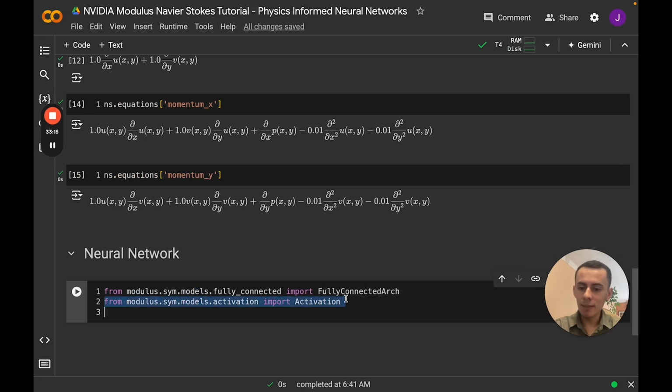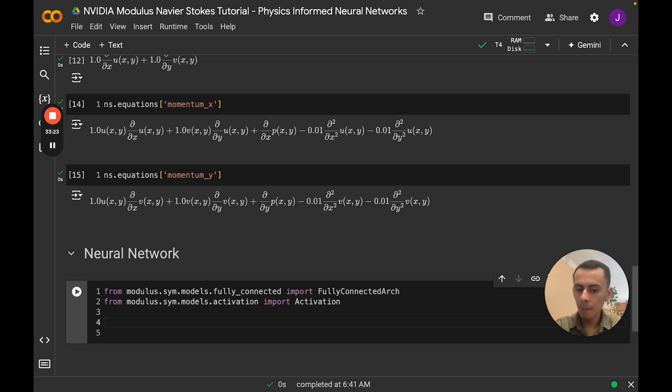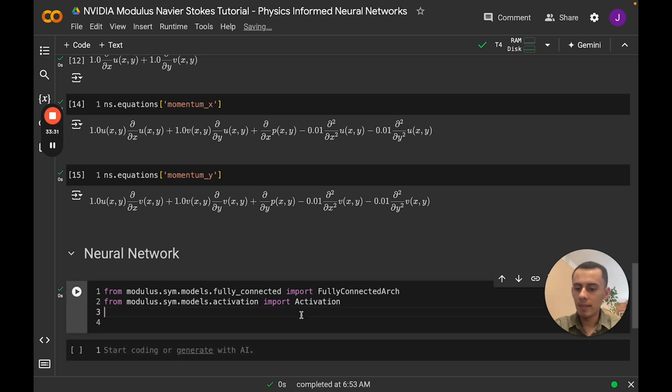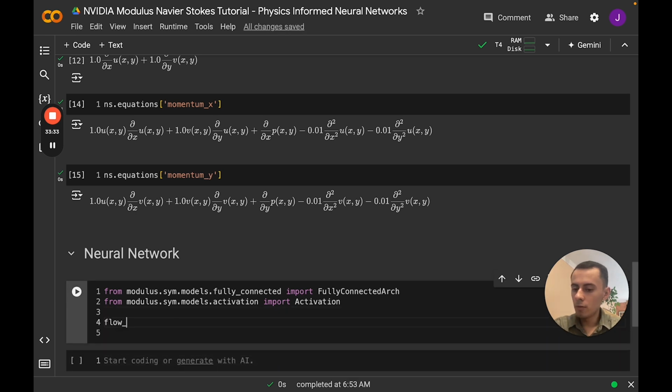Yeah, so then we have activation functions, a class for that, and yeah, we import that. Very interesting. FlowNet, let's import this, right? FlowNet, I imported so that I have the auto completion.